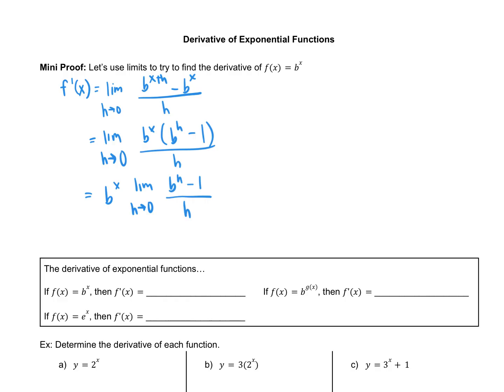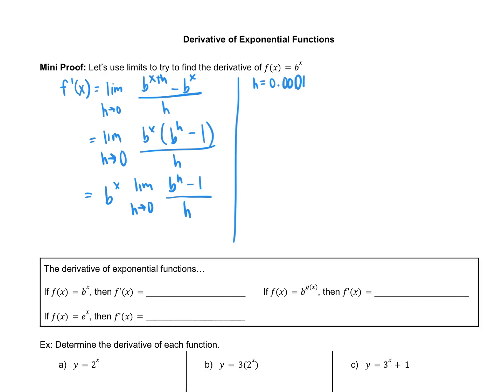So I am just going to do a little bit of a test value. For each of these cases, I'm going to set h equal to 0.0001, and I'm just going to see as my base changes to different numbers, what this limit is approaching as h approaches 0.